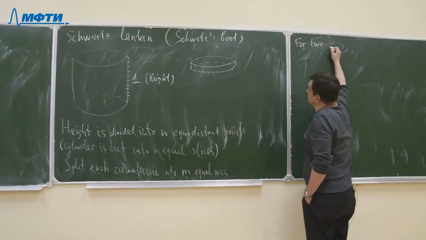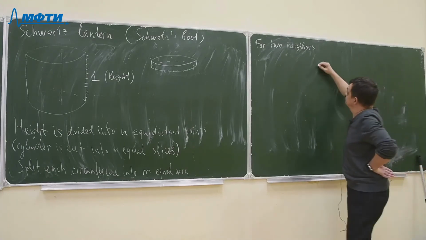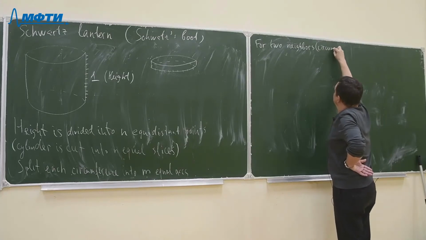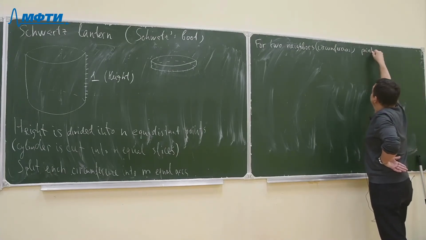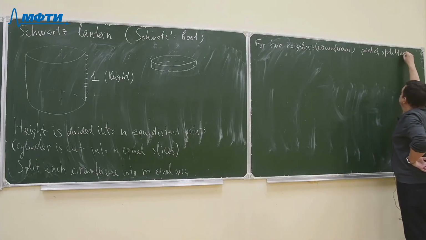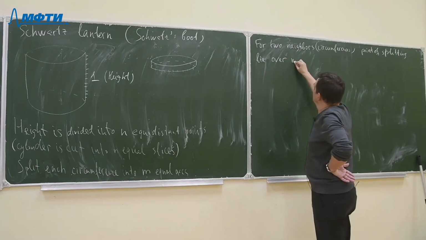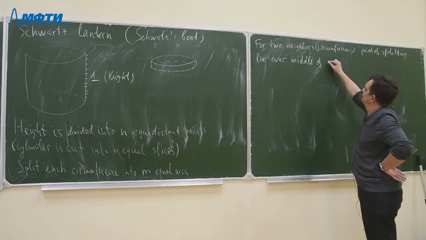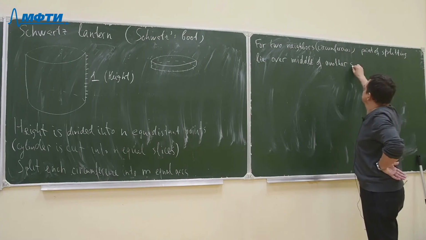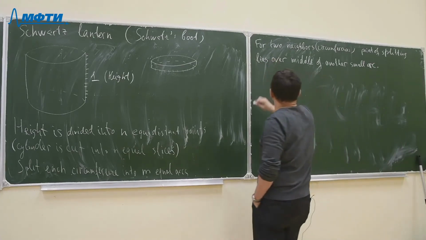For two neighboring circumferences, the points of splitting lie over the middle of another small arc. Lies over the middle.